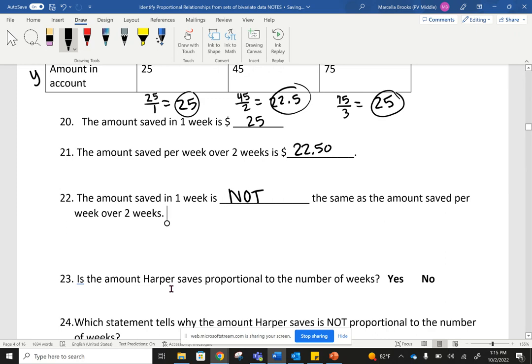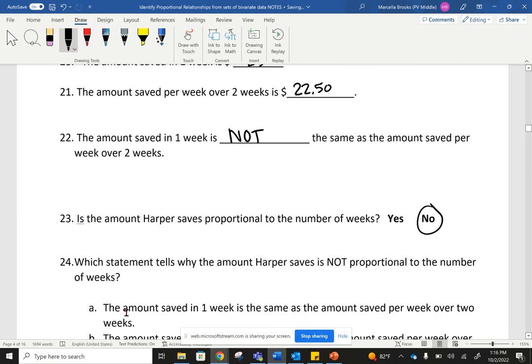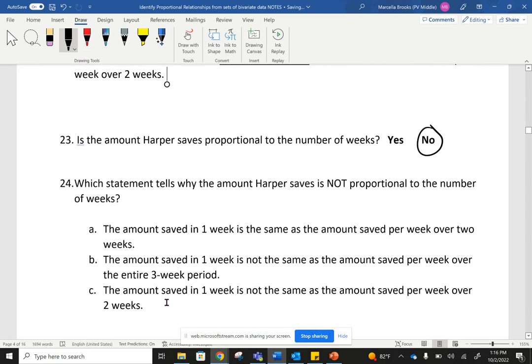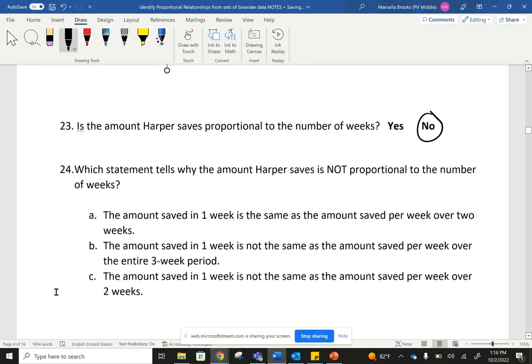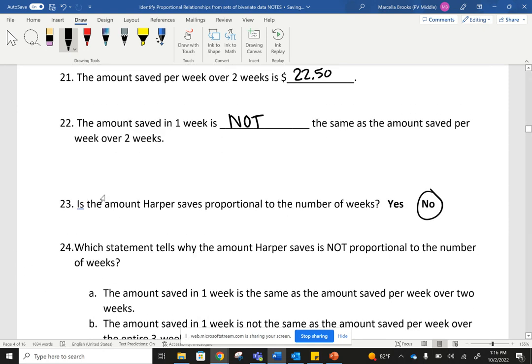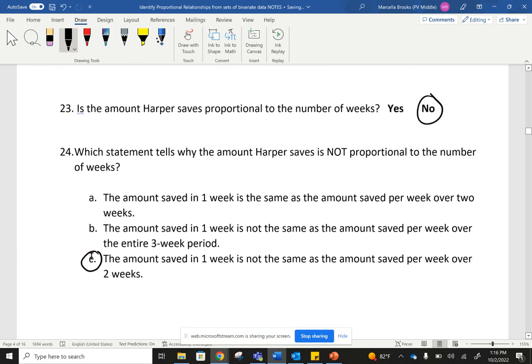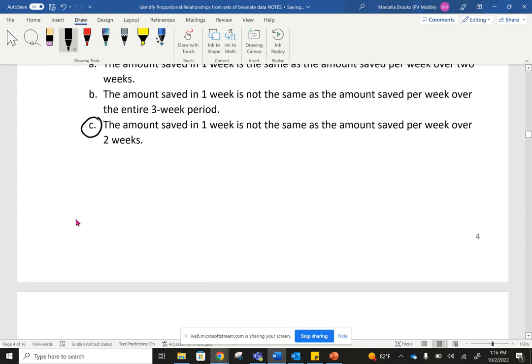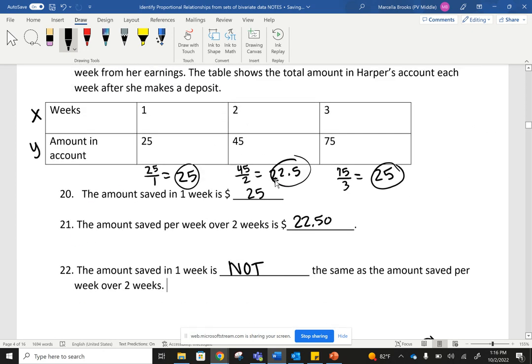So they are not proportional. So which statement tells why the amount Harper saves is not proportional to the number of weeks? Because the amount she saved in week 1, which was 25, is not the same as the amount saved per week over 2 weeks, which was 22.5.